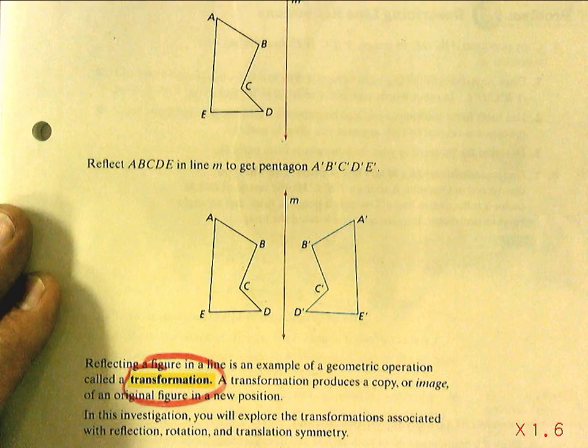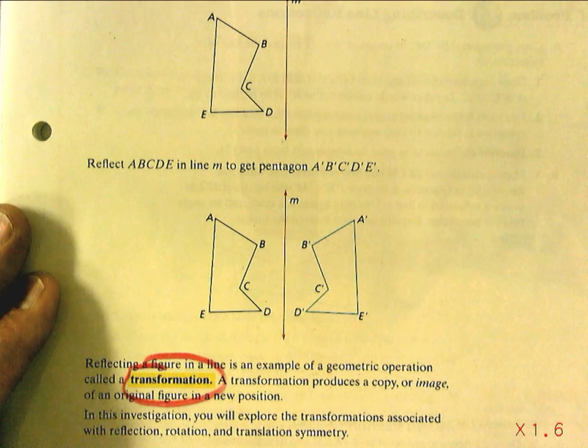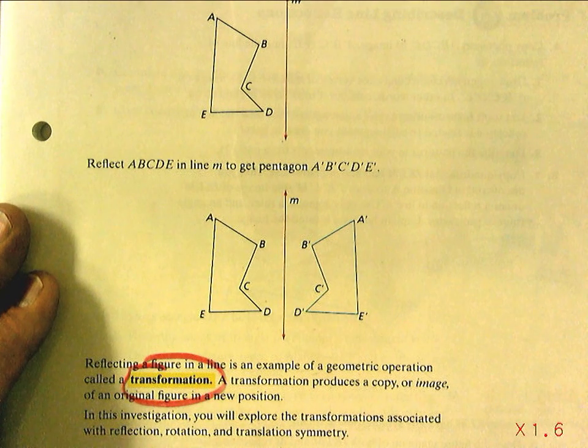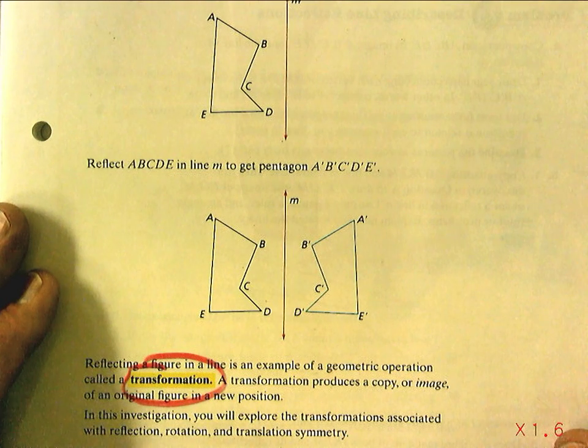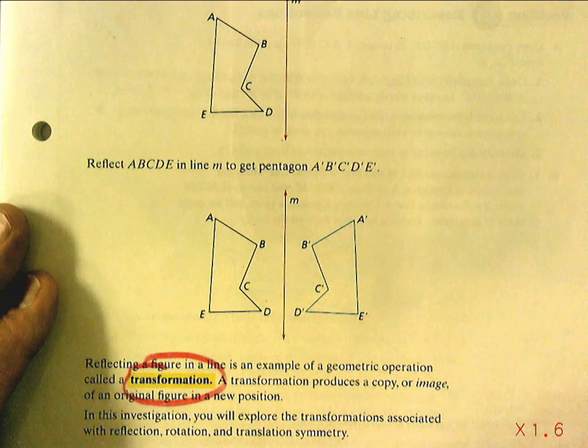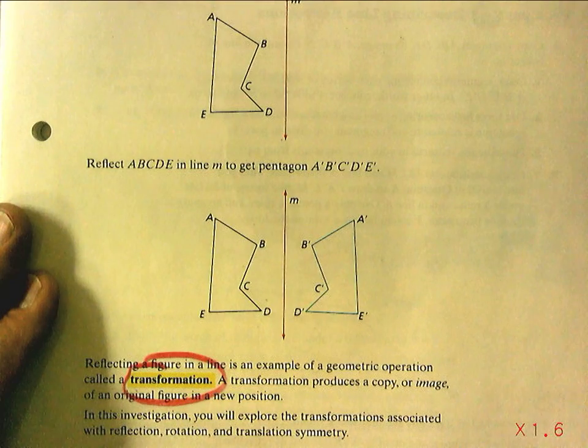This new image is the transformed image, or transformation, of the original. In this investigation, we're going to explore transformations associated with reflections, rotations, and translations. Right now, we're just going to look at the reflection piece of it. As we move on, we're going to continue to look at this particular image.